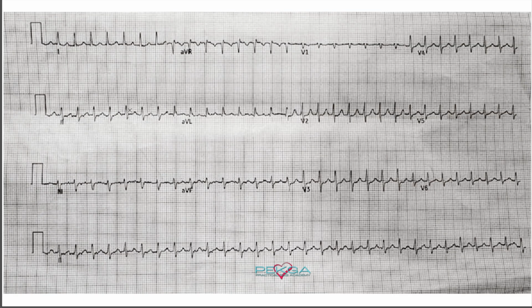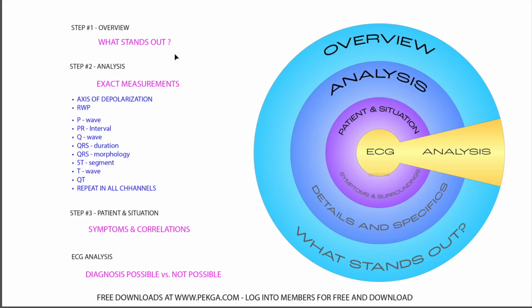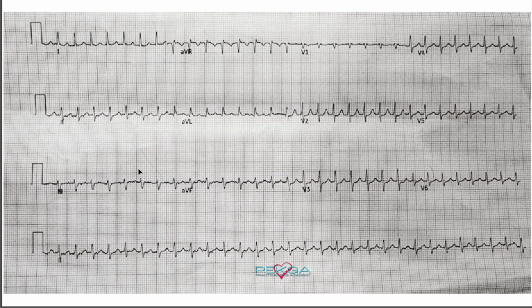When we get to the 12 lead, as always, you want to look at what stands out, then go into measurements, and finally, correlate this to any symptoms, which will allow you to at least do a full ECG analysis, maybe even do a diagnosis of what's going on.